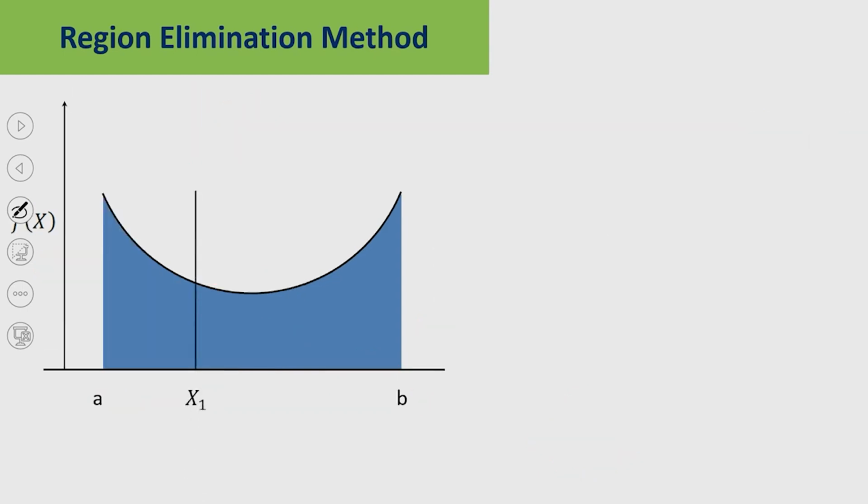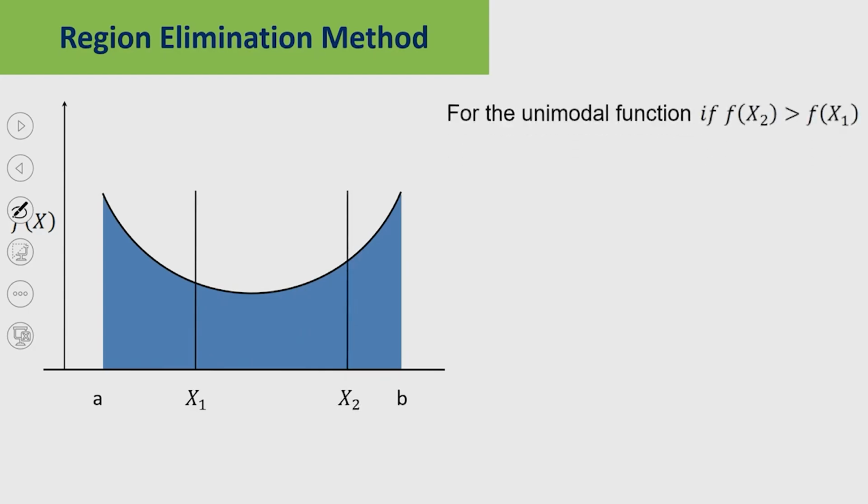Now, if I ask the second question, again for the same unimodal function, now f(x2) is greater than f(x1). This is f(x2) and this is f(x1). In this case f(x2) is greater than f(x1), so optima is on this particular side, not on this side.